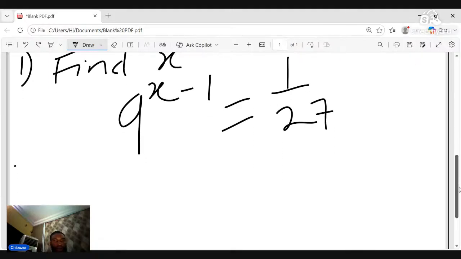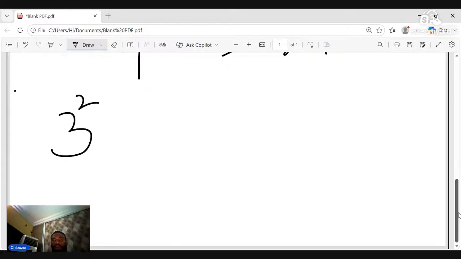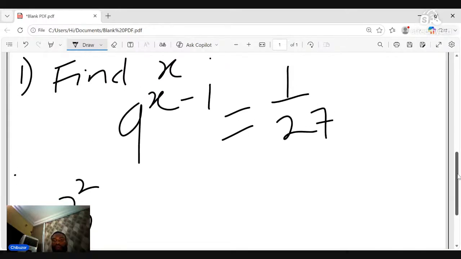From our knowledge of laws of indices, we'll have to find the common base and solve it. How do we find the common base? The common base of 9 and 27 will be 3. For 9, that will be 3 raised to power 2. And for 27, that will be 3 raised to power 3.